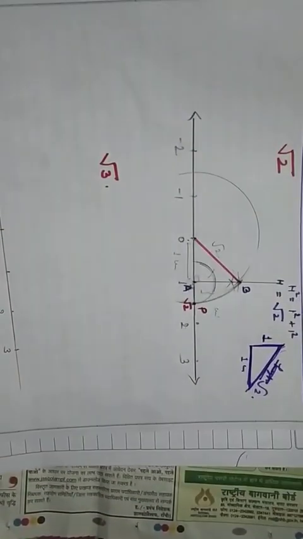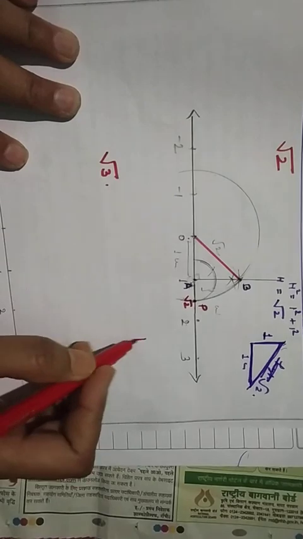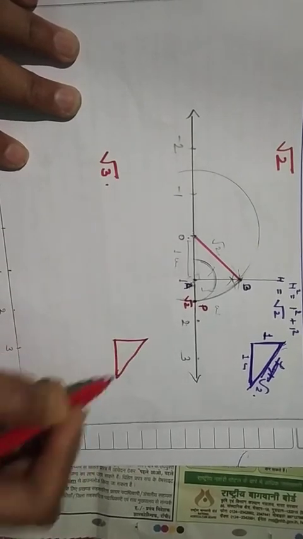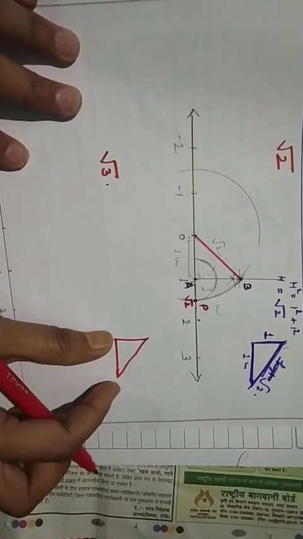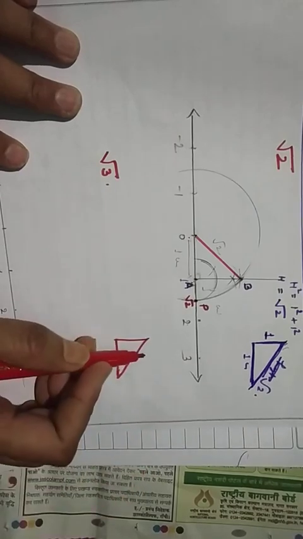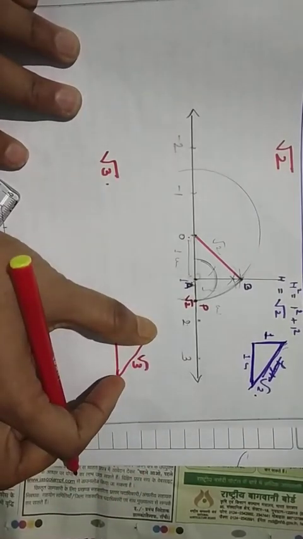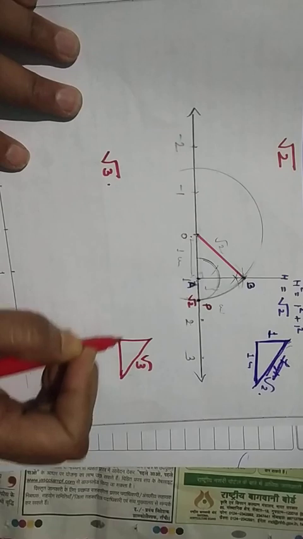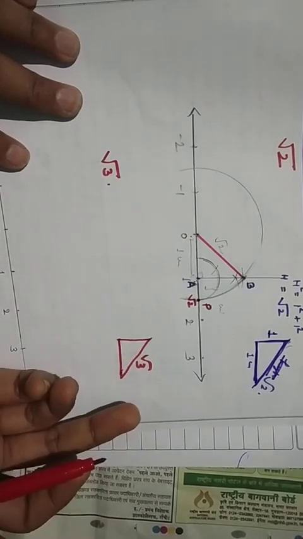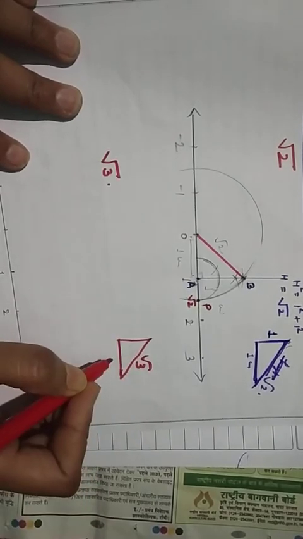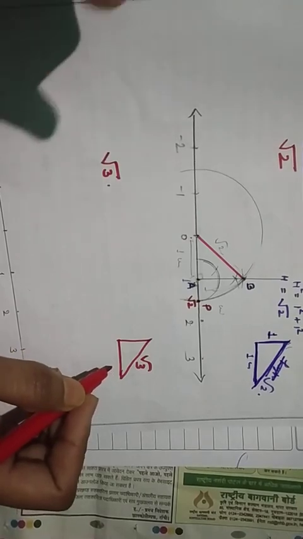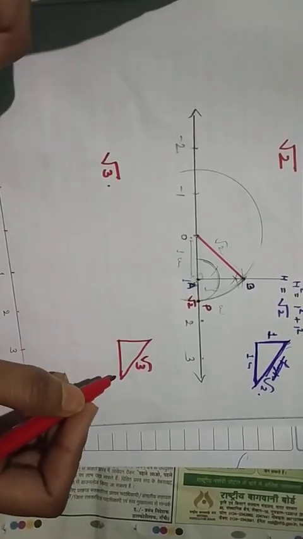Now under root 3, let's understand. For this also we will draw a right angle triangle. Now what distance should we take here and here so that the hypotenuse will come under root 3? So 1 squared will not come equal to under root 3. 2 suppose we will take, then 2 squared will be equal to 4. 4 plus 1 it will be 5.